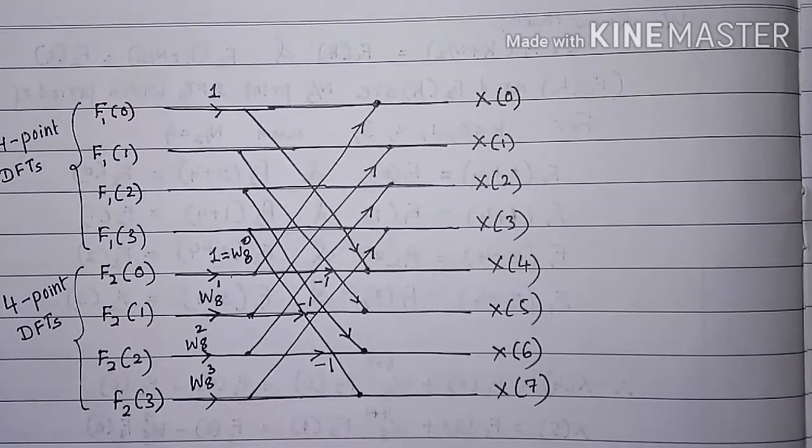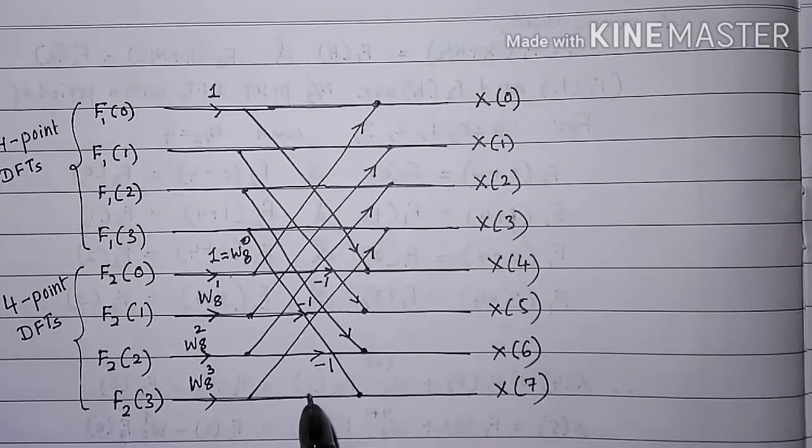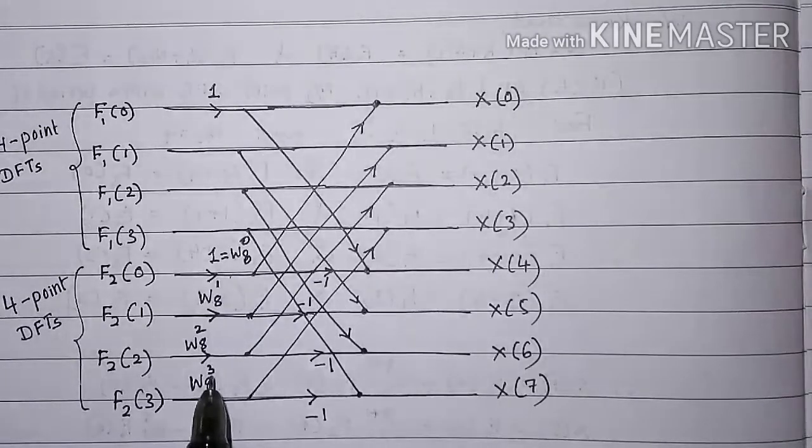X of 7 is equal to f1 of 3 minus w8 raised to 3 into f2 of 3.